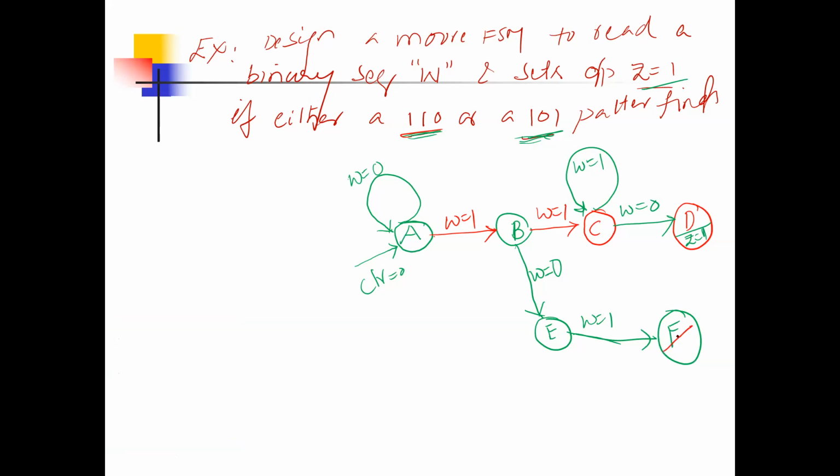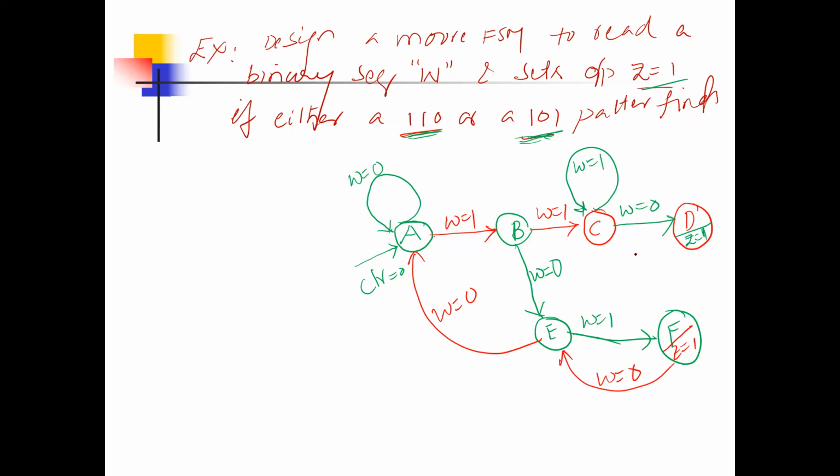Suppose from E, if the input is 0, the next state should be A, W is equal to 0. 1 0 0, nothing will happen. For 1 0 1, the output is again 1. Next, from F, if W is equal to 0, then come back, and E is the next state.